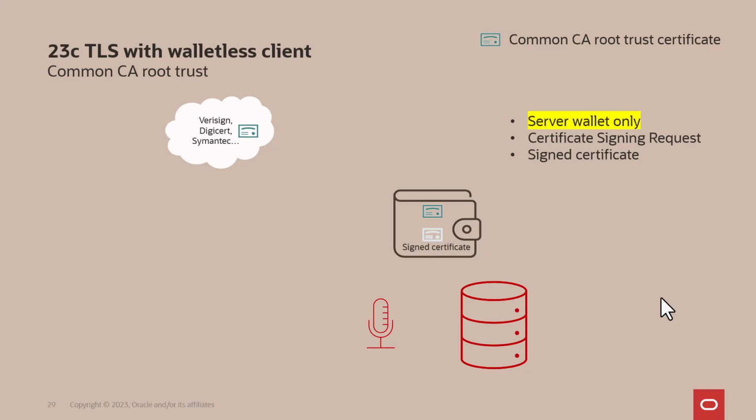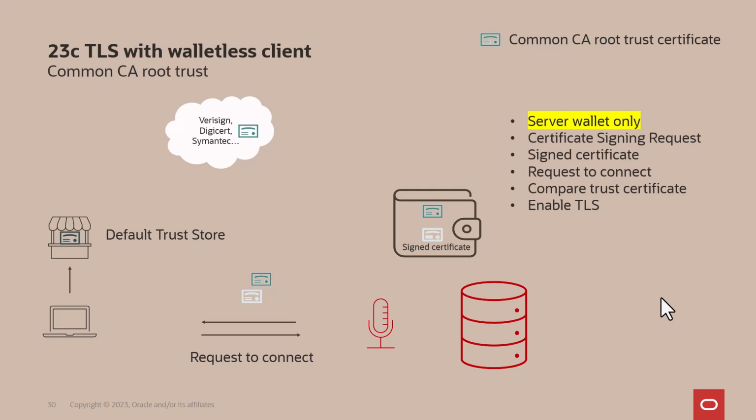And then when the client tries to connect, the server will present to the client both the signed certificate and the root certificate that is used to verify the signature. And because this is already present in the default trust store, the client can simply verify the signature and the connection can proceed.